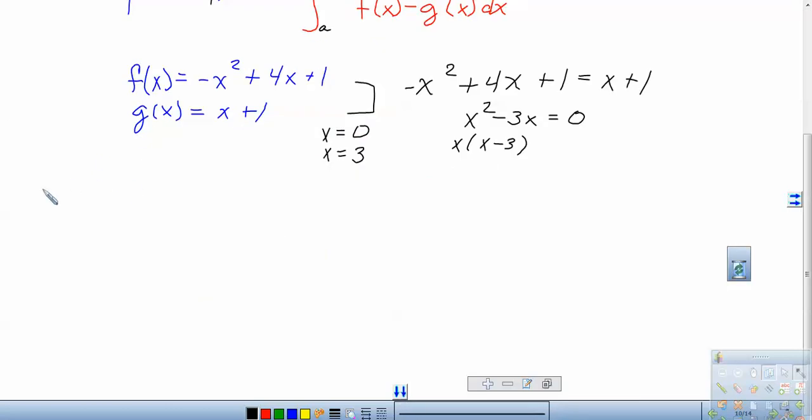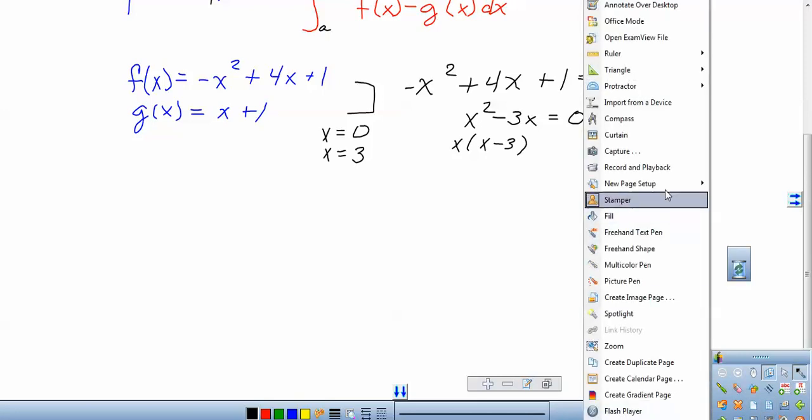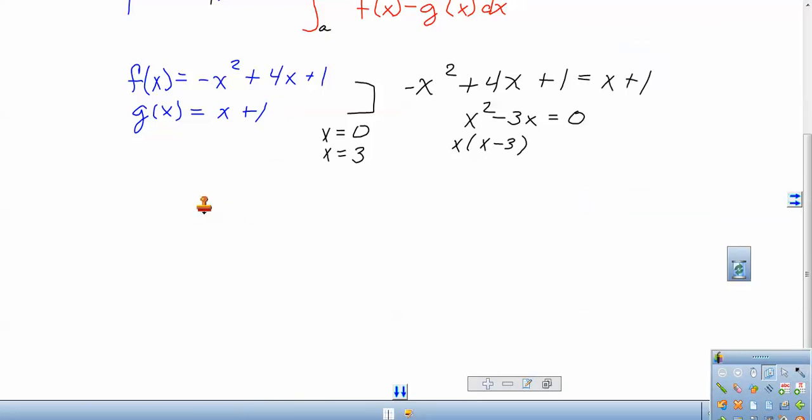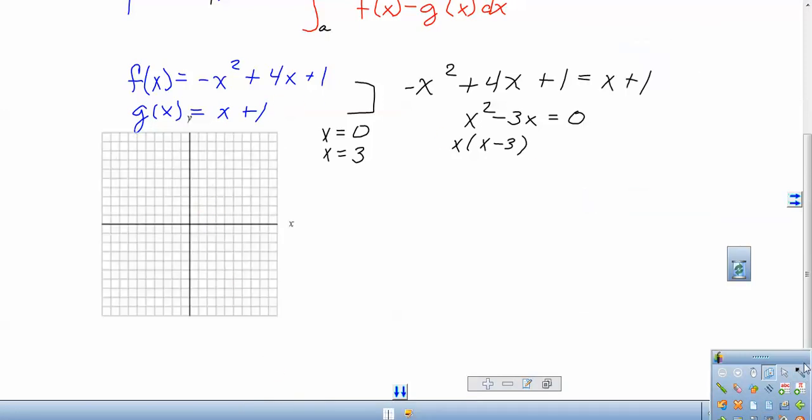So what I do now is I like to graph, because I don't know which one is the top function and which one is the bottom function. So I'm going to start with f of x right here. If I put 0 in, I get 1. And by the way, it's good to know that f of x is quadratic, so it should be a parabola that opens down. If I put 1 in, I get negative 1 plus 4 plus 1, so that'd be 4.